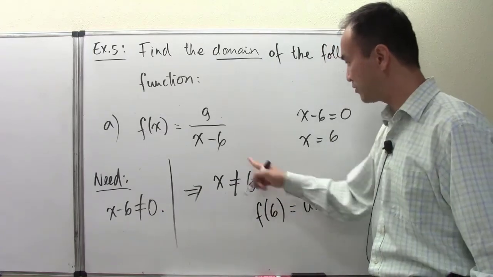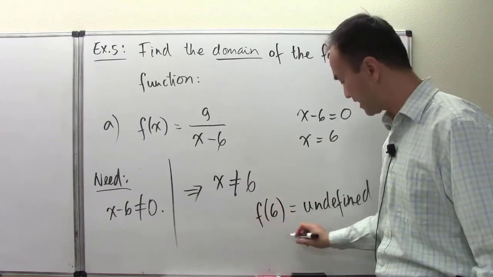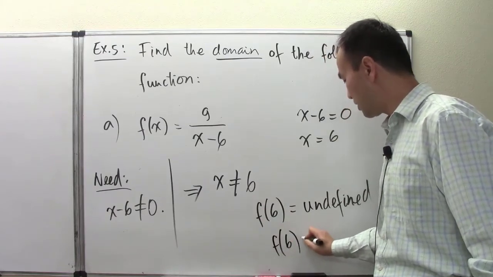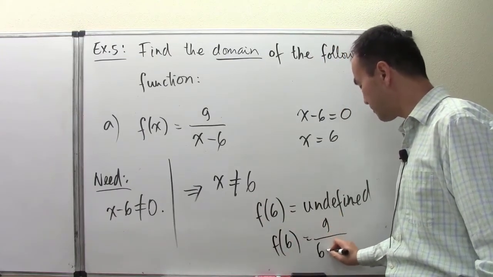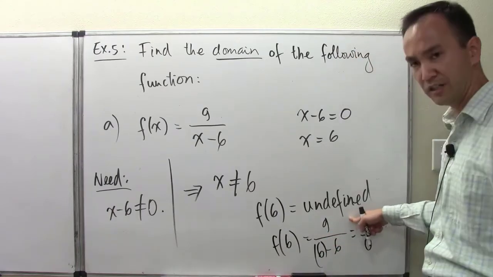We didn't even have to do this; I'm just demonstrating the idea, because f of 6 equals 9 over 6 minus 6, which is 9 over 0, undefined.